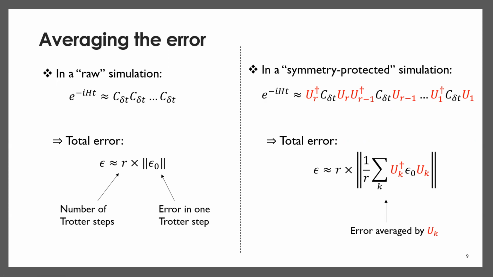And this is the average under the symmetry transformation U_k. And you can see that if we choose this U_k in a clever way, such that this average is much smaller than the error in one Trotter step, then the total error of the simulation will also be much smaller.